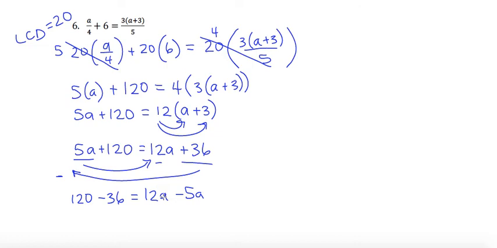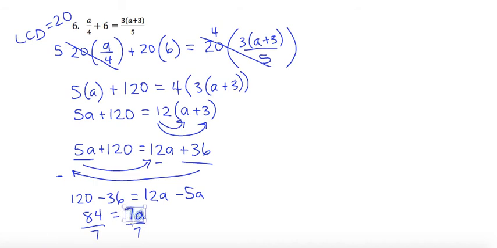So 120 subtract 36 gives us 84. And 12a subtract 5a gives us 7a. So the next thing you want to do is divide by the coefficient. So I'm going to divide both sides of my equation by 7 because the opposite of multiplying is dividing.